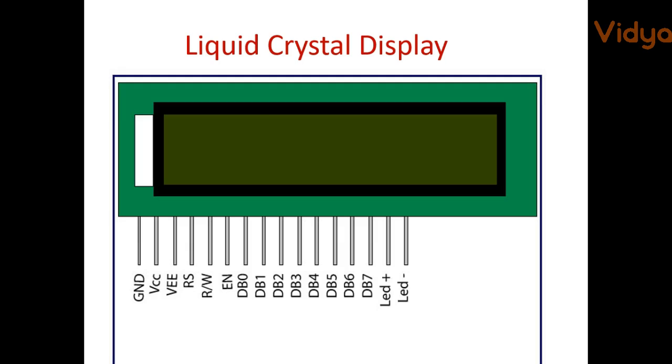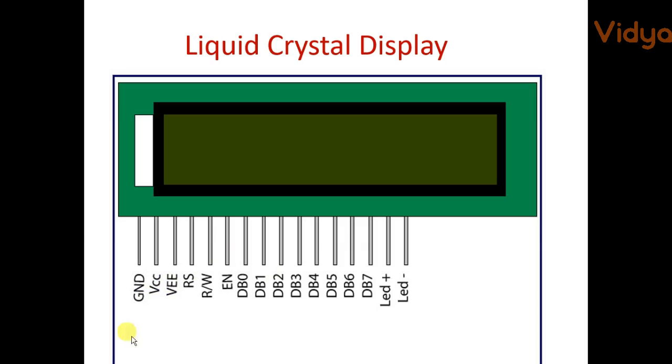Enable is interesting. Whenever we give any kind of data onto the data lines, we need to make the enable pin go high with a delay and go low. So if I have to print ABCD, I'll make the RS pin go 1. I will give the data lines the ASCII code of A, and then I will make enable go high and then make it low.